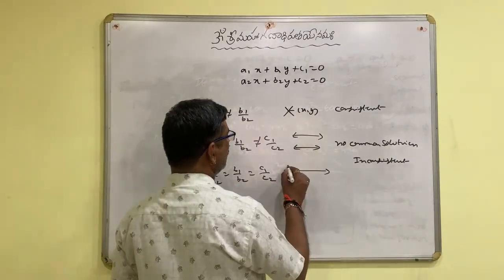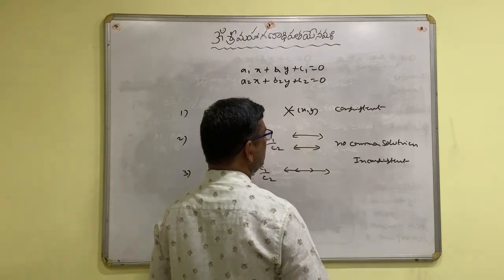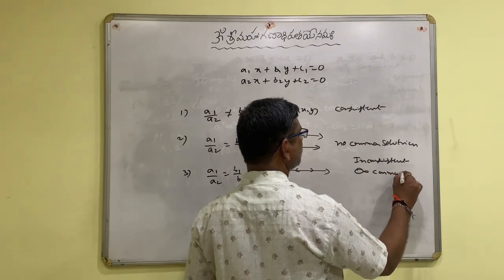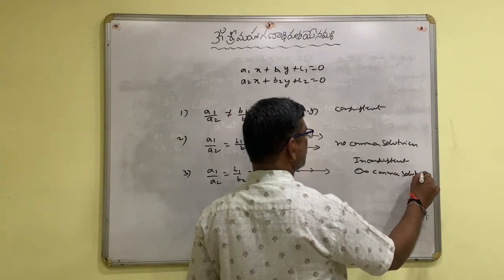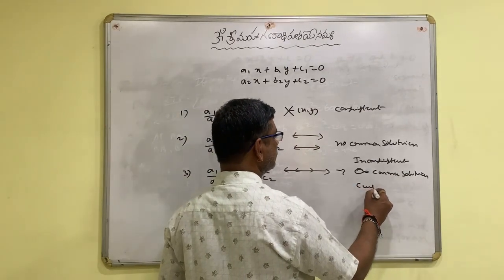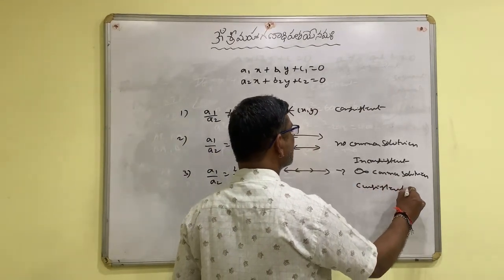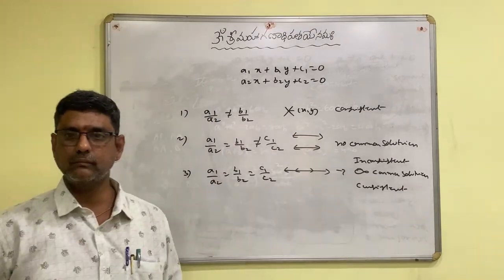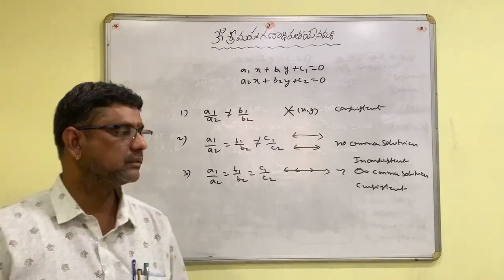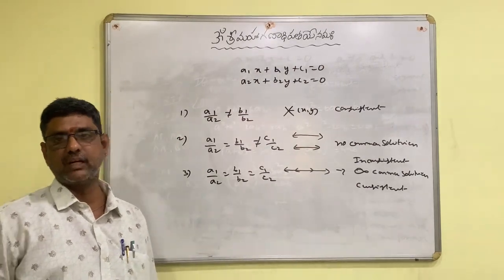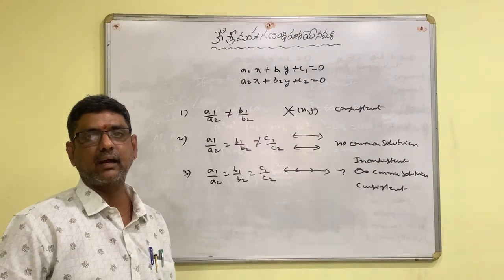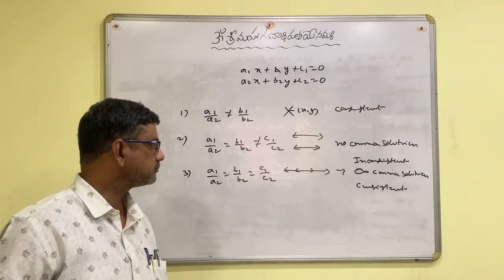The lines are coincident, meaning infinite common solutions. This pair has infinite common solutions, that means it is a consistent pair of equations. So these are the conditions for whether the given pair is consistent or not.